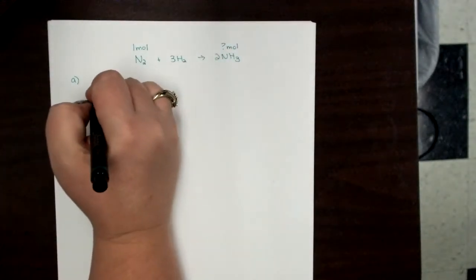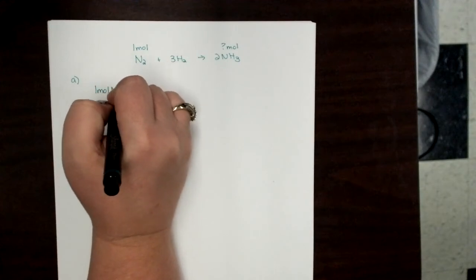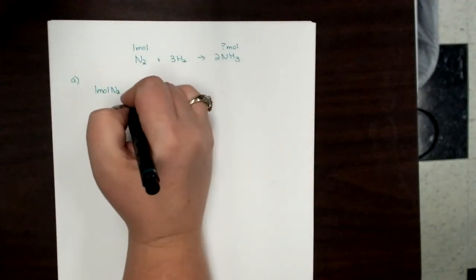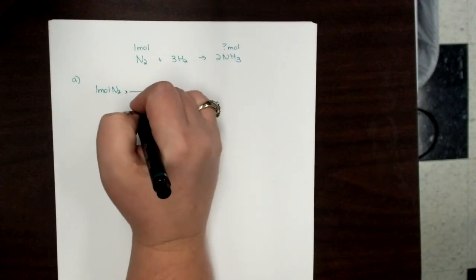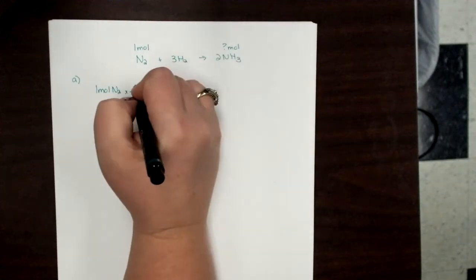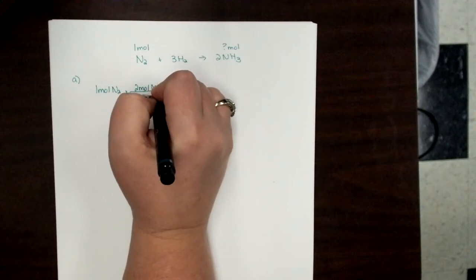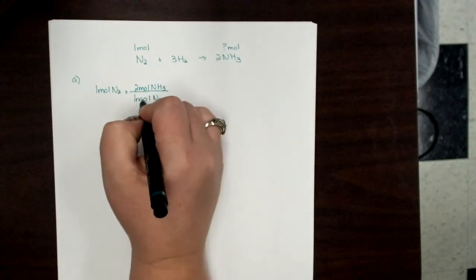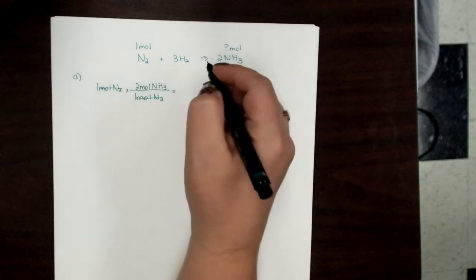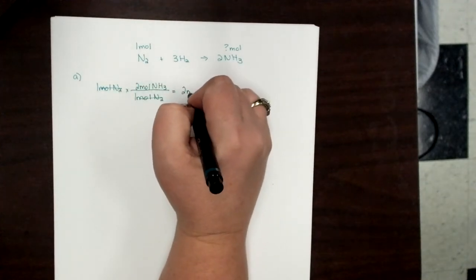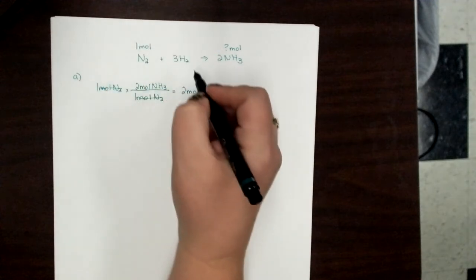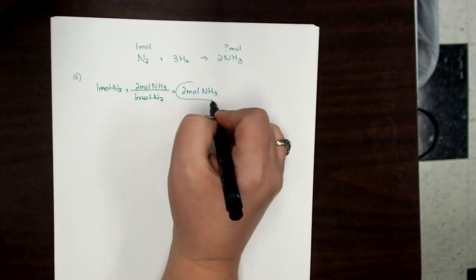So I start with my given, 1 mole of N2, and then I do my mole ratio. So 1 mole of N2 on bottom and 2 moles of NH3 on top. Moles cancel out. And then I run it through my calculator and I get 2 moles NH3. 1 sig fig, 1 sig fig, so there's my answer.